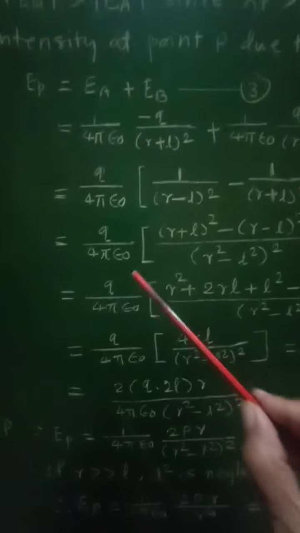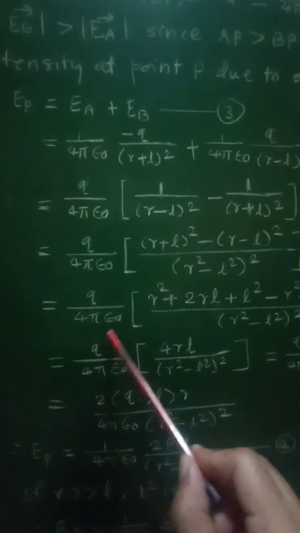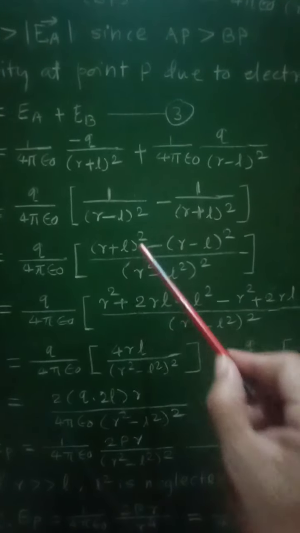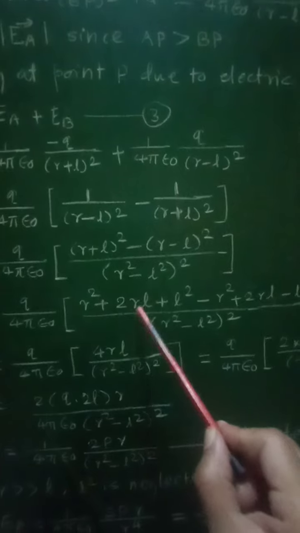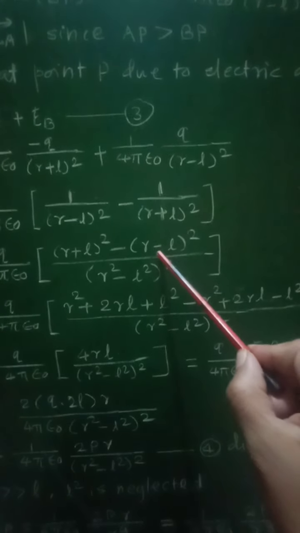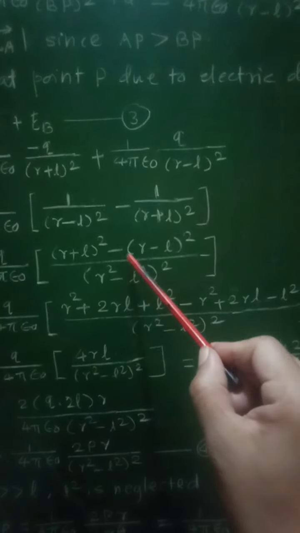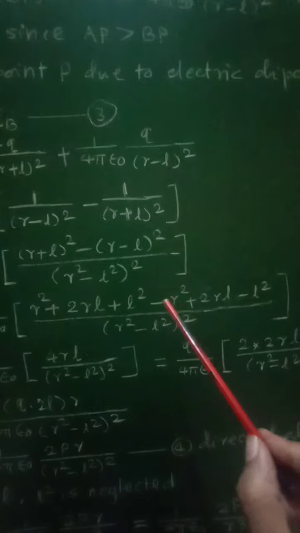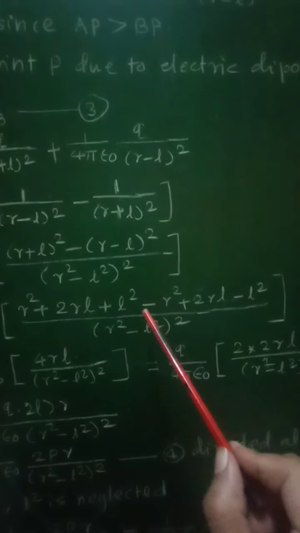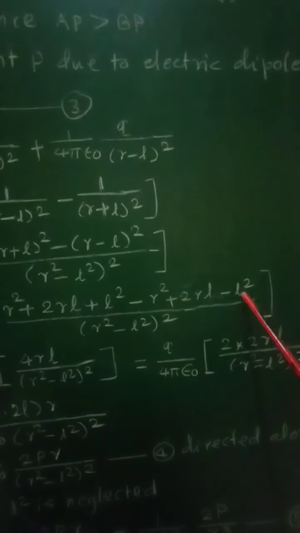So that will be written as Q upon 4 pi epsilon 0 into, these two brackets will be expanded. Its expansion is R square plus 2RL plus L square. Then the other expansion is R square minus 2RL plus L square. But due to this negative sign, all three signs get changed, and therefore it will be minus R square plus 2RL minus L square.